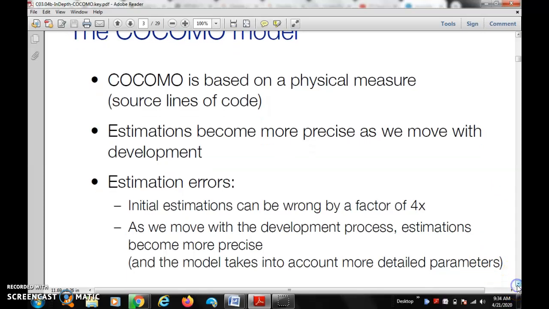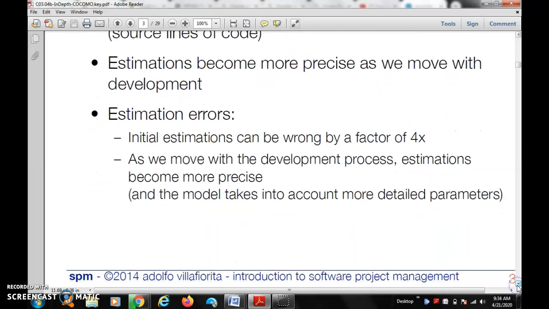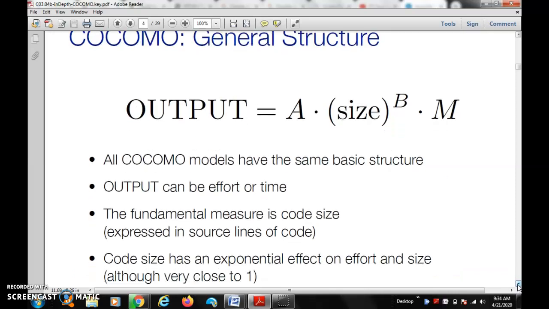Here a lot of formulas are also used for this. General structure of COCOMO: the output equals A times size to the power B times M. The COCOMO model has the same basic structure from COCOMO 81 to 1999-2000. The output can be effort or time.